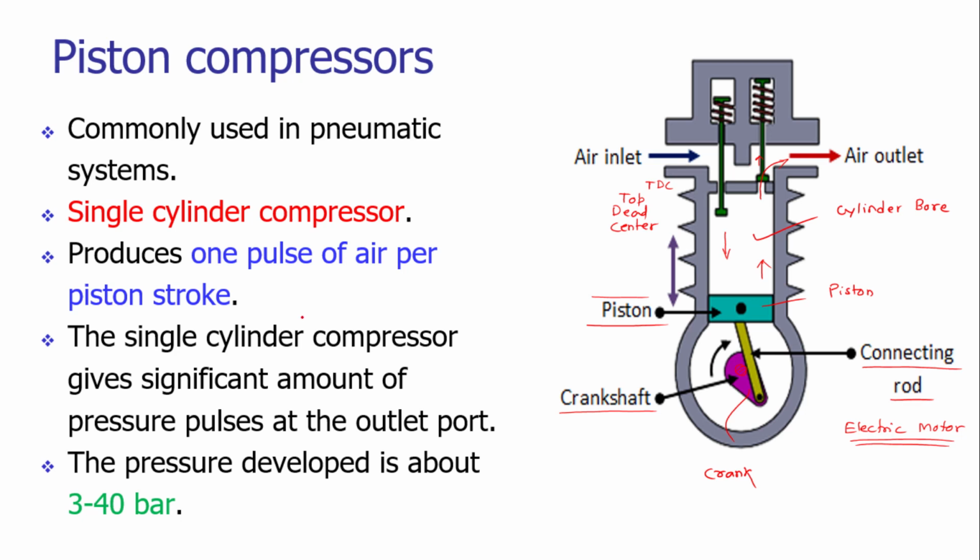So basically the piston compressors generate air per piston stroke. These types of cylinders produce compressed air within the range of 3 to 40 bars.